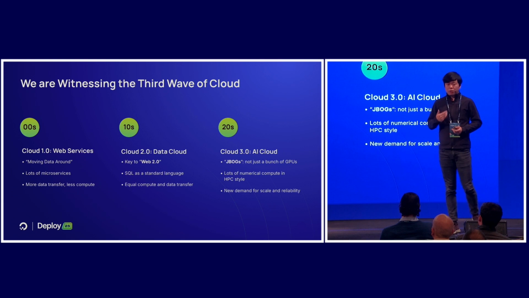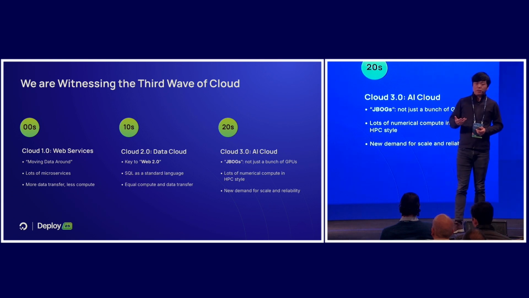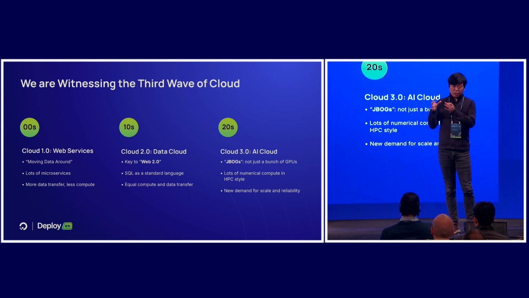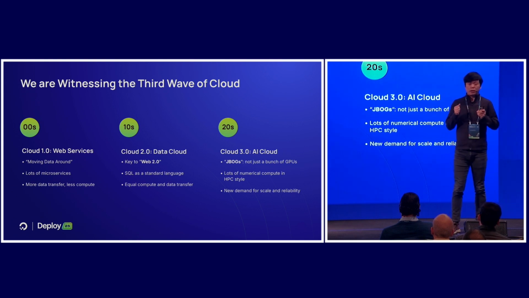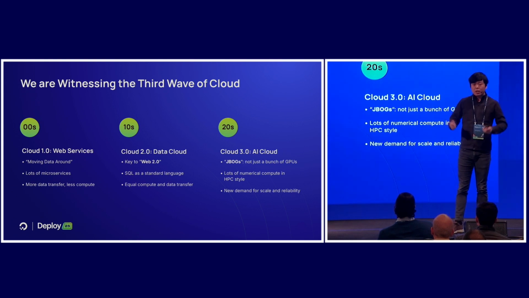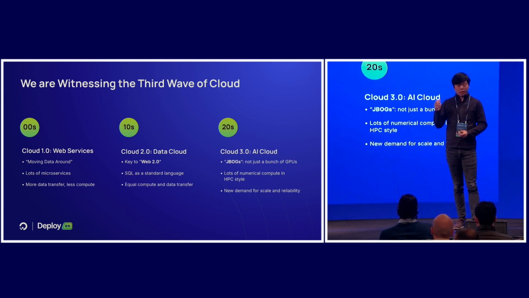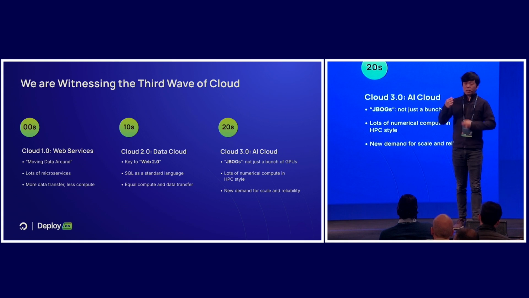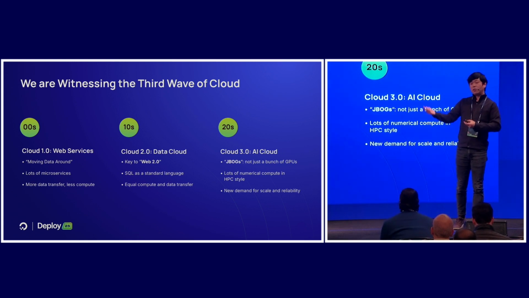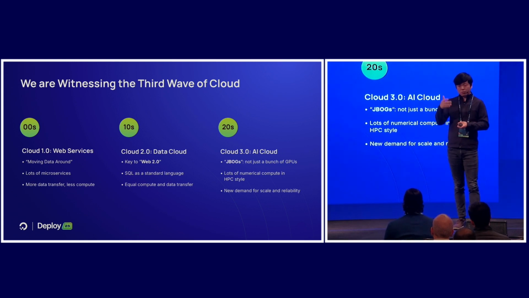Now, when AI came and ChatGPT came out, what we are observing is that the data manipulation or data transform is actually quite small, and you're spending quite a lot of time on the compute. Imagine a ChatGPT session where you ask a few questions, that's a few kilobytes in size, and it does a lot of compute. And it gives you back a little bit of answer, a few kilobytes, but it's computed with a massive amount of GPUs and models behind it.